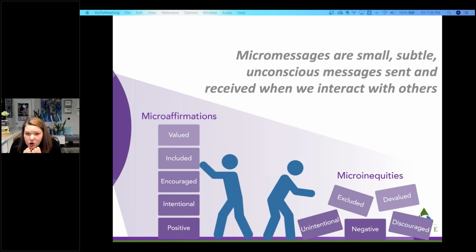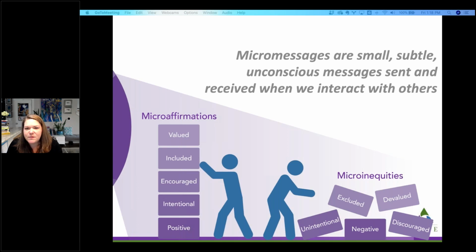They are intentional and they're always positive. Whereas micro-inequities make students feel excluded, devalued. They're always negative. They make our students feel discouraged. And in this case, they're always unintentional. If you're sending intentional messages that exclude, devalue, and discourage students, we call it something totally different, right?